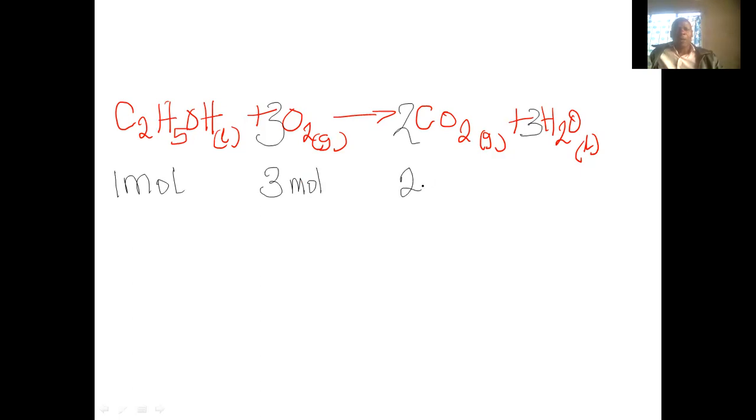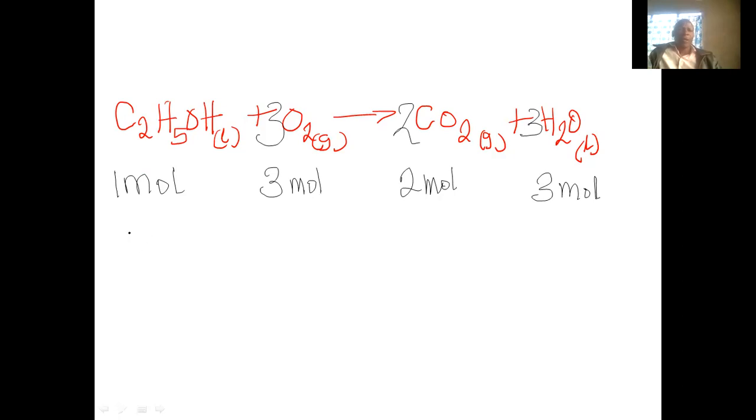Then carbon dioxide, there are 2 moles, and water, there are 3 moles. This is the mole ratio based on the balanced equation.